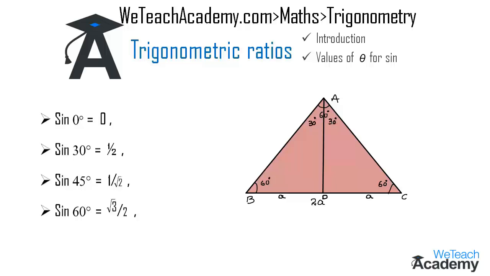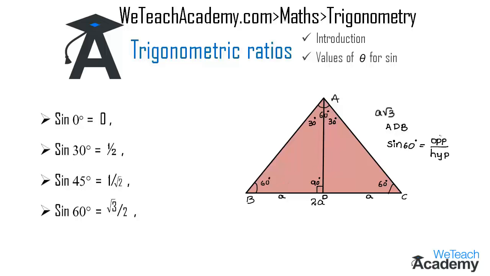And here AD bisects the line BC perpendicularly and it makes 90 degrees at the vertex D. So we already know the height of an equilateral triangle, which is given by the formula A root 3 units. So here AD becomes A root 3. And now let us consider triangle ADB. From triangle ADB, let us find the value of sin 60, which is equal to opposite side by hypotenuse.